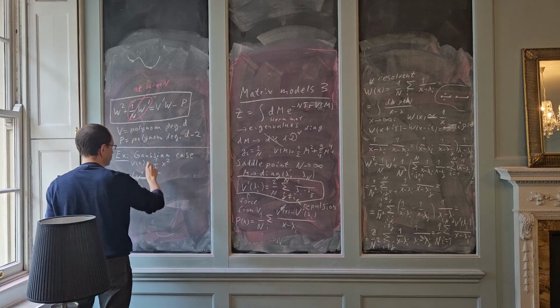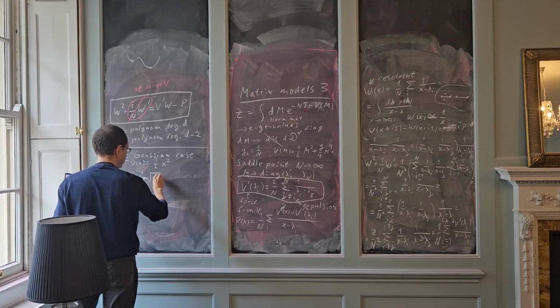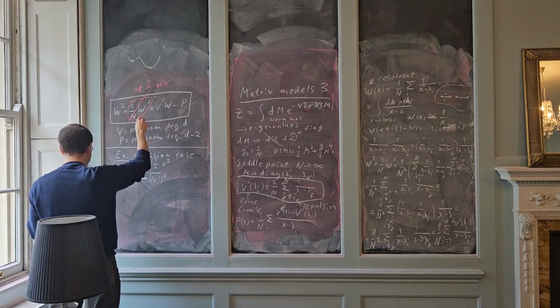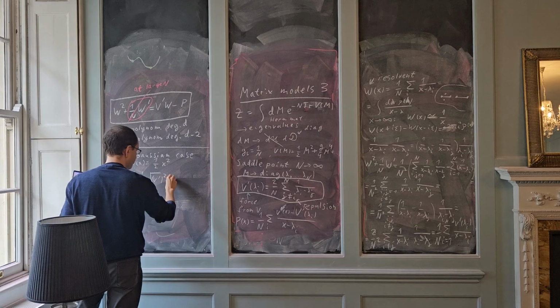So the discriminant is this squared, minus 4p.